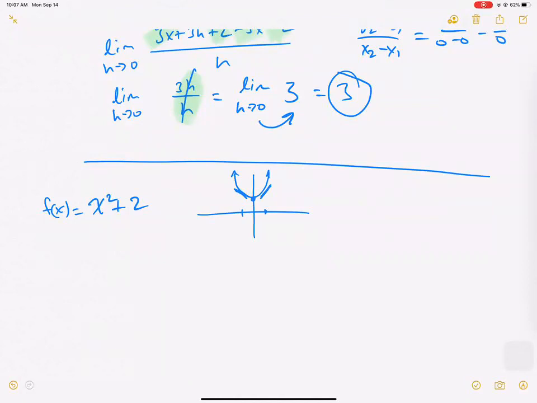So we say, find the instantaneous rate of change at x equals 1.